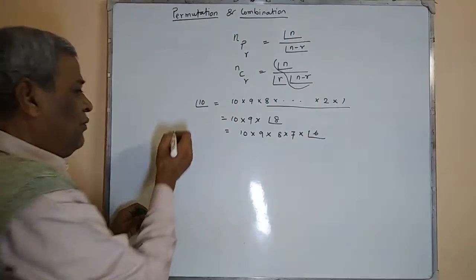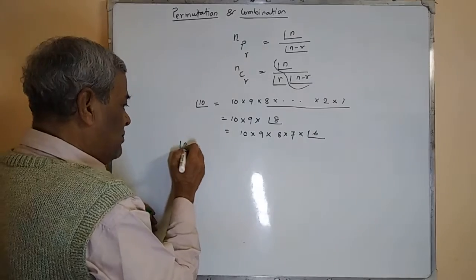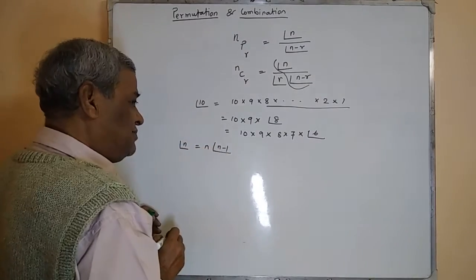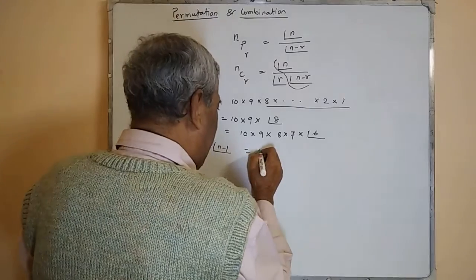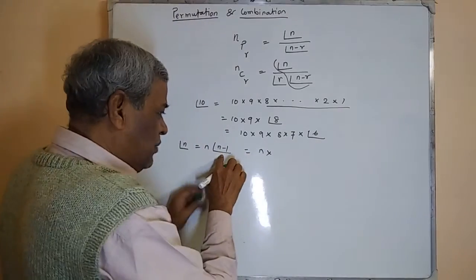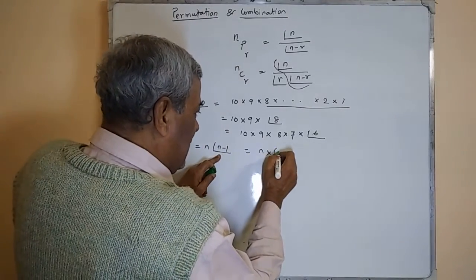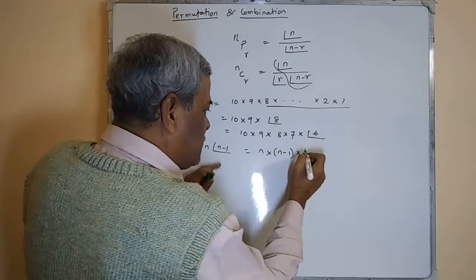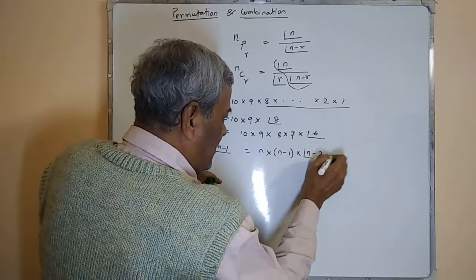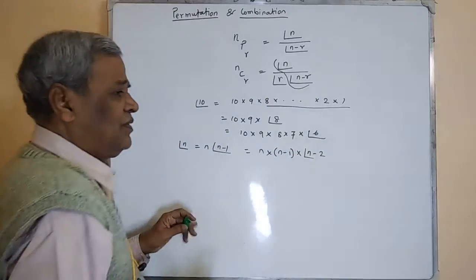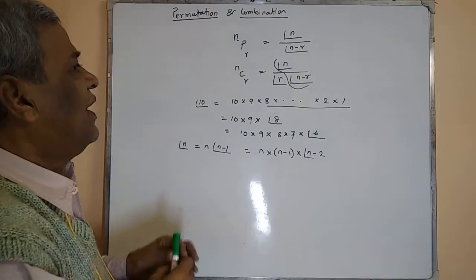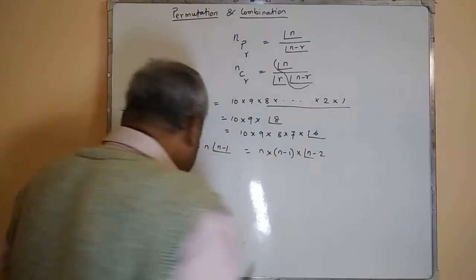In general, factorial n is equal to n into factorial n minus 1. Again, factorial n minus 1 can be written as the number itself into factorial of the next integer, and so on. You have to simplify this way.